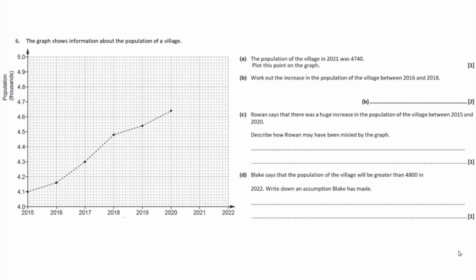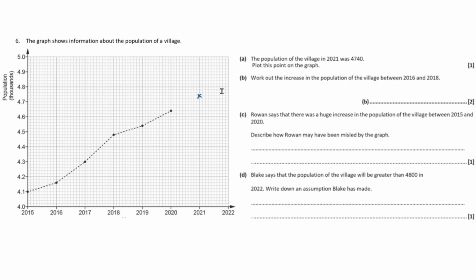Okay, so we've got an extra one to plot on. 4,740. Now note these are in thousands here, so that 4.7 is 4,700, and the 4.8 is 4,800, and there are 5 divisions in between, so each one must be 20. So I want to go 2 divisions above 4.7 to plot my point for 2021.